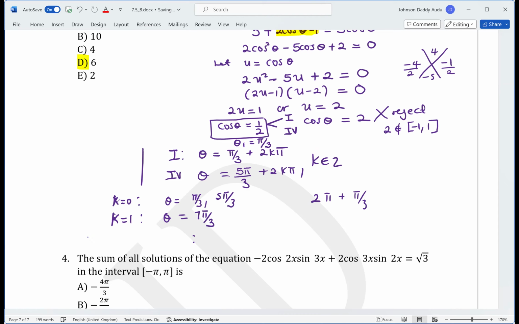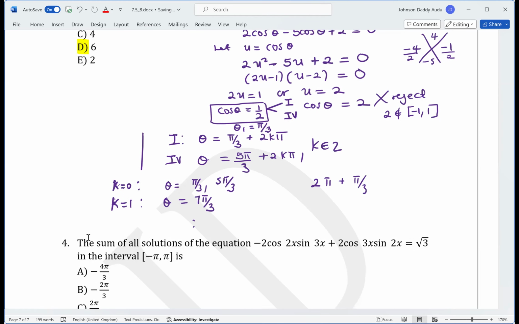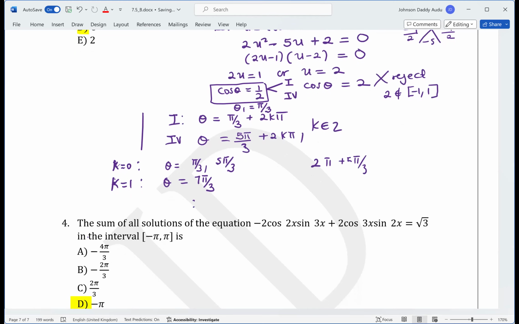If k is equal to 1, this is 2 pi. So we'll have 2 pi plus 5 pi over 3. Right. And this is going to be around 11 pi over 3, right?